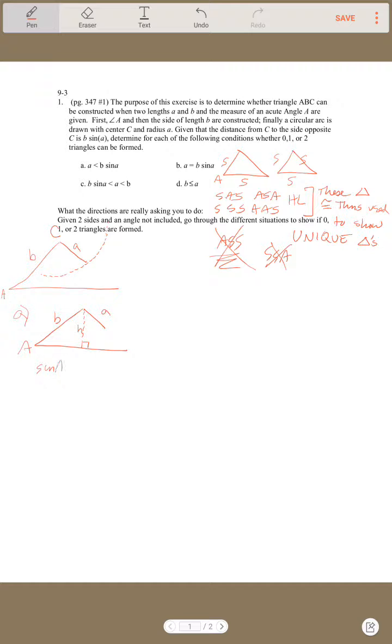We know that sine A is equal to opposite over hypotenuse. So in other words, H is the same thing as B sine A. That's where the B sine A is coming from. So this question is basically asking us, what happens if A is less than the height of the triangle, the H value? Because that's what we just found right here.